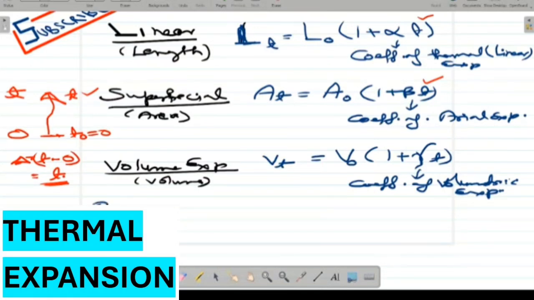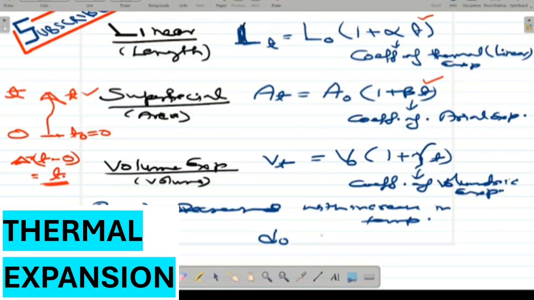So we can say density decreases with increase in temperature. Here the relation will be like this: density at T0 will be equal to density at increased temperature times (1 plus gamma T).